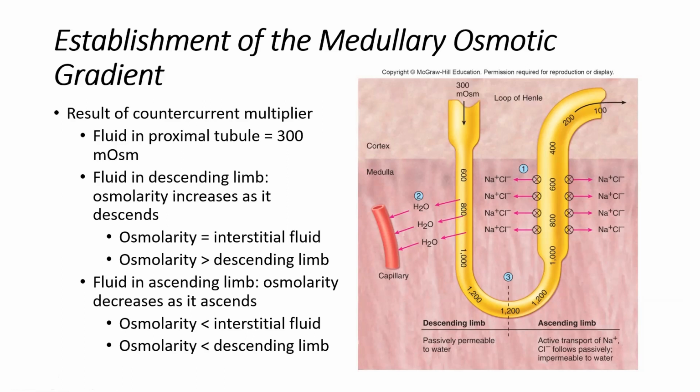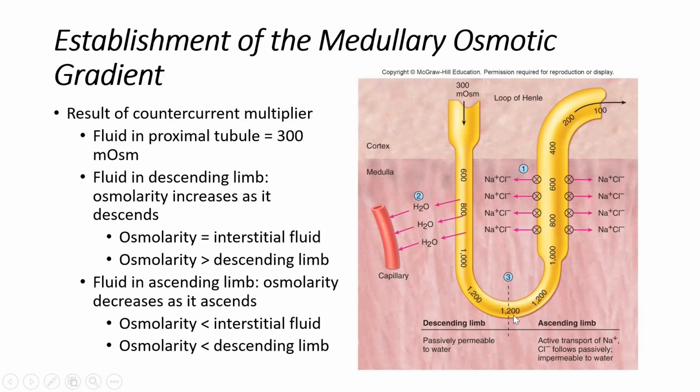And so now the osmolarity of our filtrate down at the deepest part of the loop of Henle is much higher, okay? The reason is because we're losing all of that water. The descending limb is only permeable to water. And so the osmolarity is going to approach, sort of equalize with, the interstitial fluid osmolarity, and it gets higher as we go down the descending limb, right? The osmolarity increases as we go down the descending limb.